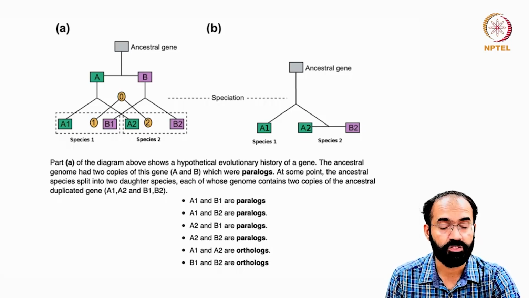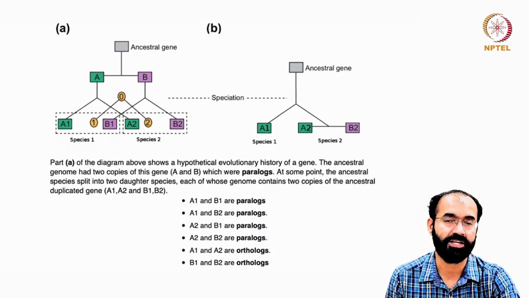A2 and B1 are also paralogs, and A2 and B2 are also paralogs, whereas A1 and A2 are orthologs and B1 and B2 are orthologs. The reason being, they will be doing the same function.